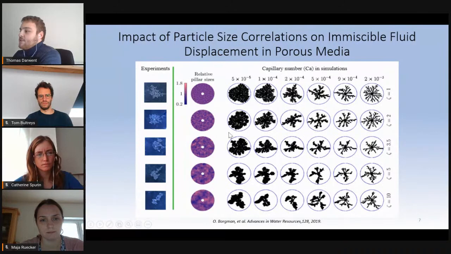Our experiments worked in the low capillary range, so this 5 × 10⁻⁵ area, and the simulations were able to go to even higher capillary numbers than we were. What you can see is that, especially for the higher correlation length, the flow seems to invade via the small pillar areas, as you'd expect. And our experiments seem to follow a similar pattern.